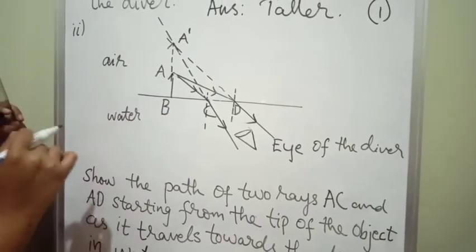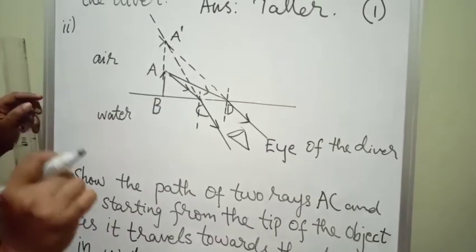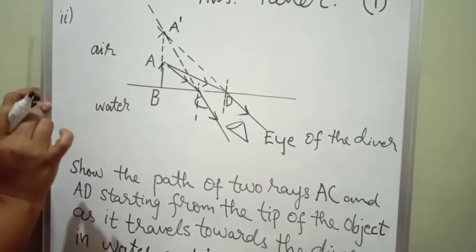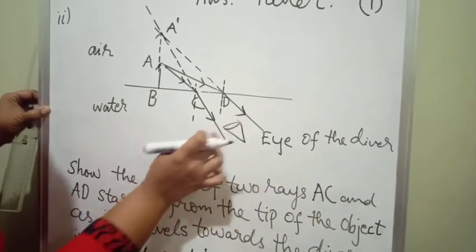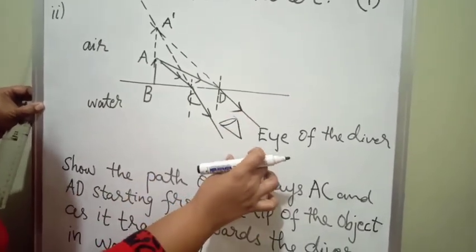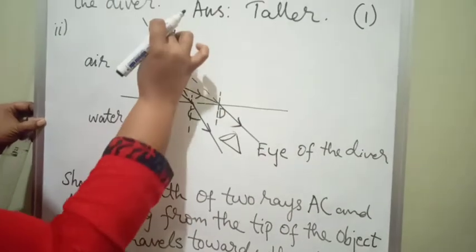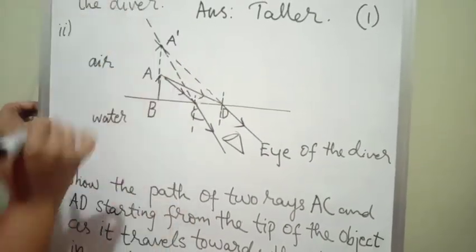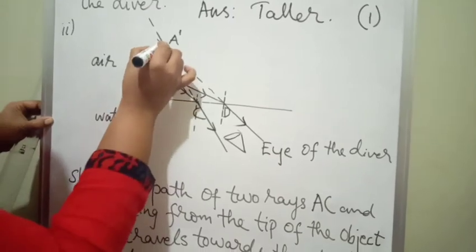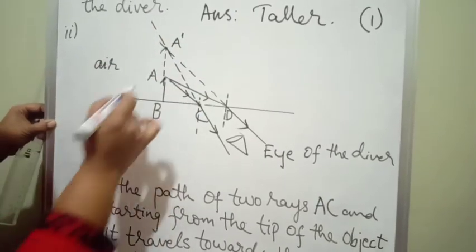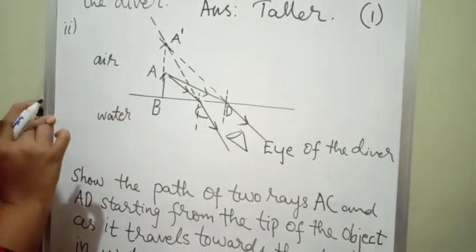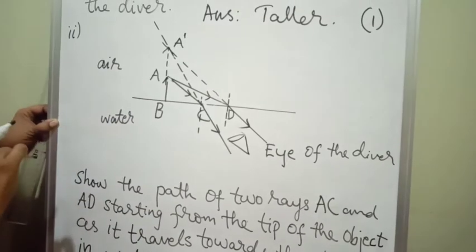Virtual images we have to represent using dotted lines. Really these 2 rays did not meet anywhere. We extended them backwards and here they met, isn't it? So here you can get the image and a virtual image is formed. So this is the complete diagram.